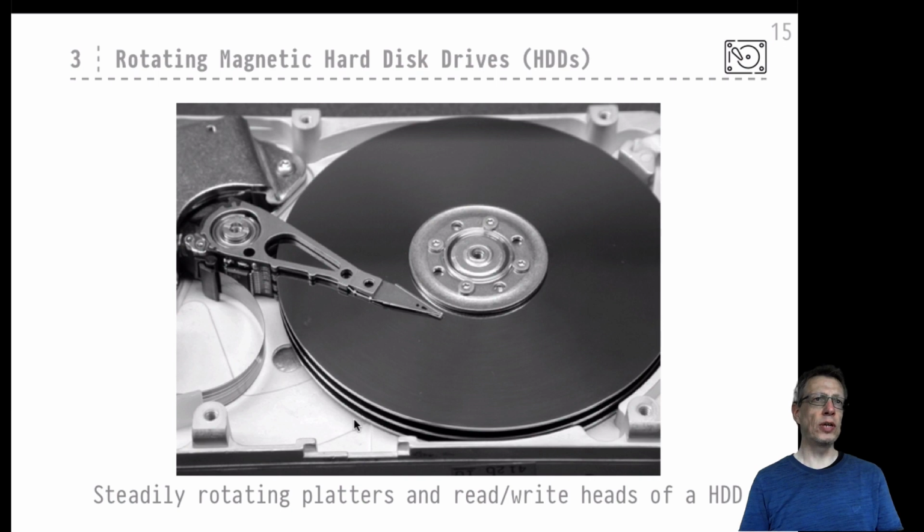You can see 3 of these in this particular device. And these platters are constantly rotating. Across these platters, we can move read and write heads or read and write arms operated by a stepper motor. Here's the stepper motor. These are the read and write arms, and at the end of these arms you find the read and write heads. These will be used to actually navigate the platters to read and write data to these platters.